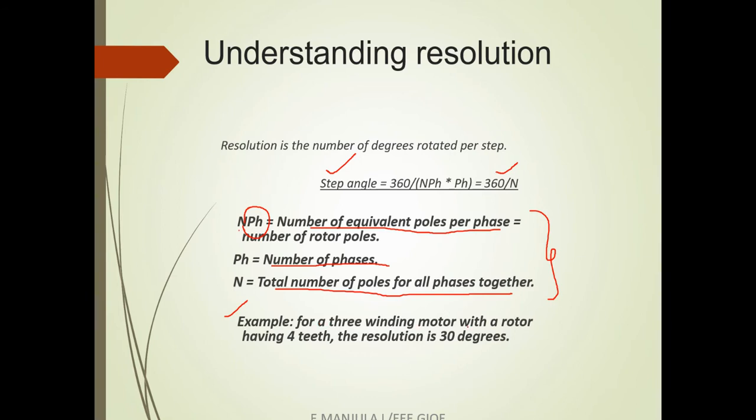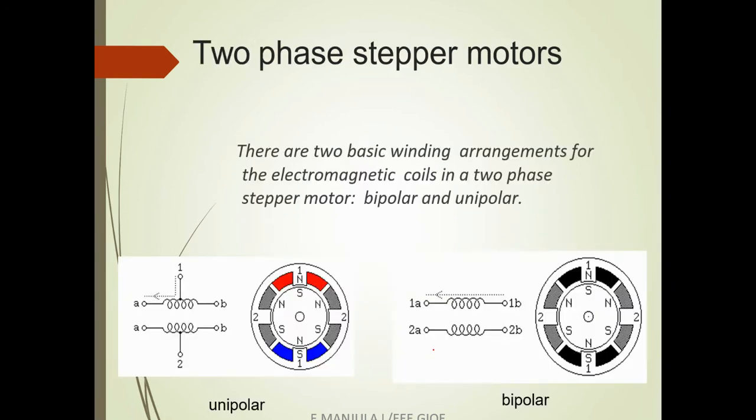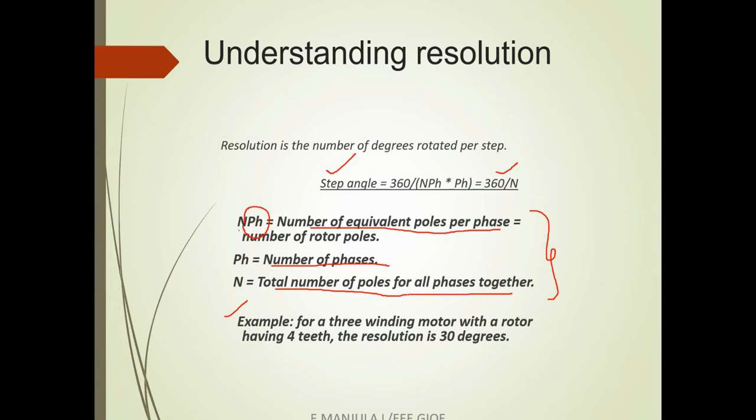Here, for a three winding motor with a rotor having four poles, 3 into 4 is 12. So 360 by 12 gives 30. So the resolution is 30 degrees.